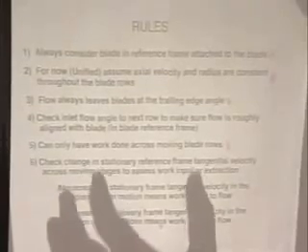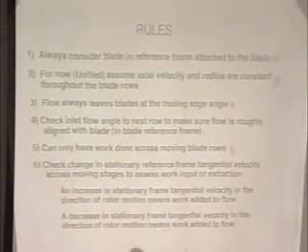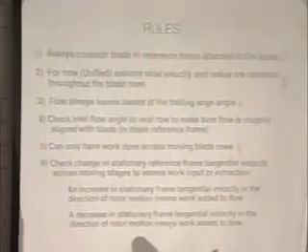And that is in the stationary reference frame, that velocity. If you know the change in stationary reference frame tangential velocity and it increases in the direction of rotor motion, that means you've done work on it. You've added swirl. If it decreases in the direction of rotor motion, you've taken work out.